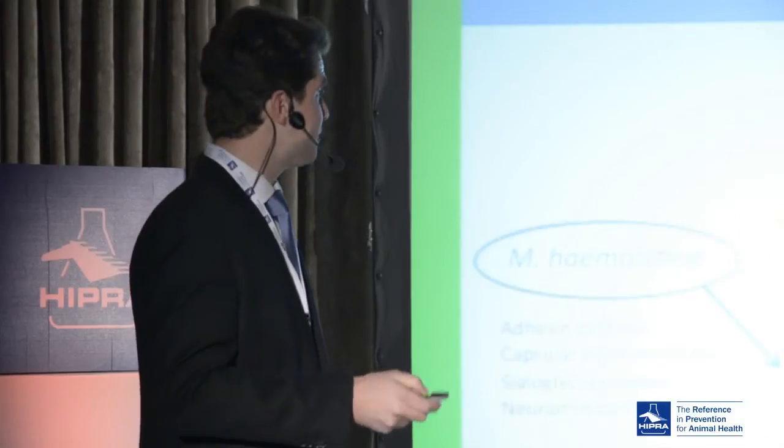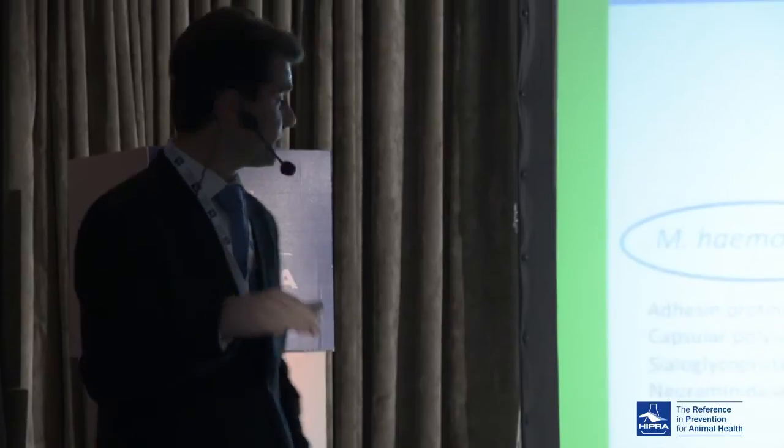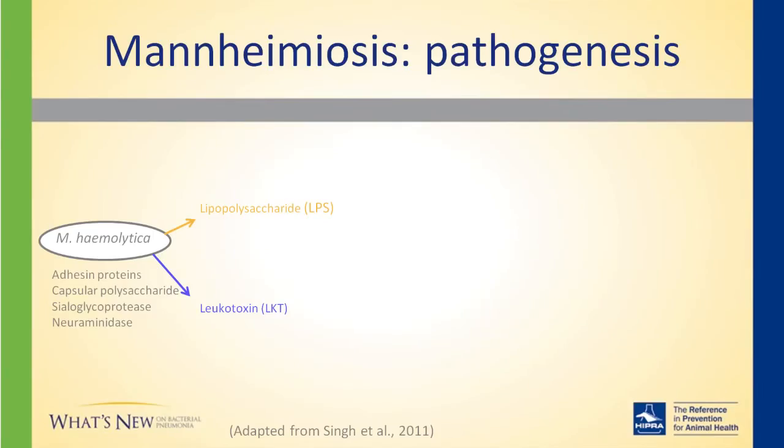To be more specific, Mannheimia hemolytica will attach to the cells of the lower respiratory tract thanks to virulence factors, its adhesin protein or capsular polysaccharides, and then will release lipopolysaccharide or LPS, also known as endotoxin, and leukotoxin.